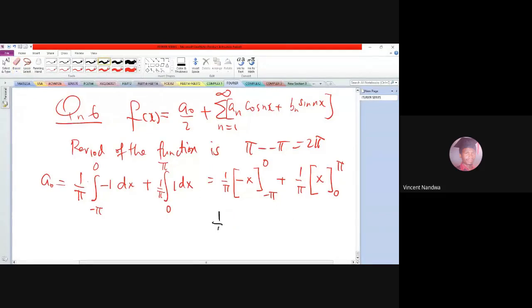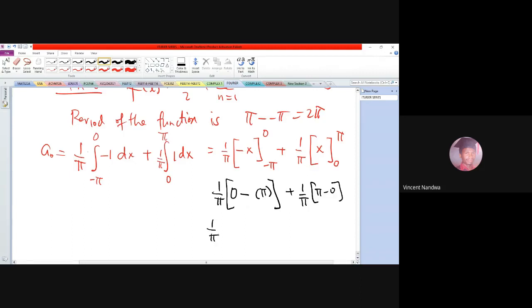So 1 over pi times 0 minus, because now it will be minus pi, so positive pi. The upper limit is 0, and then plus 1 over pi times pi minus 0. So we have 1 over pi times minus pi plus 1 over pi times pi. So this will be minus 1 plus 1, which is 0. Therefore, a0 is 0.